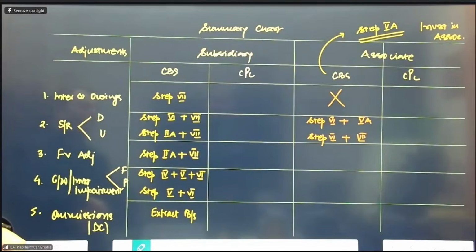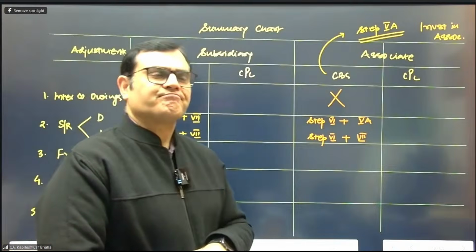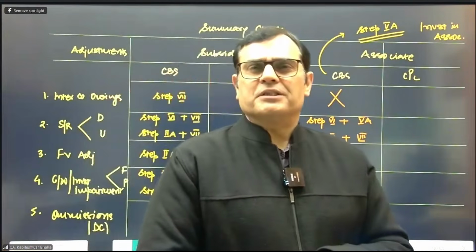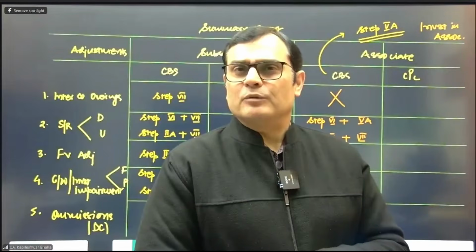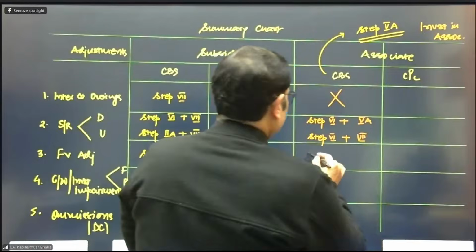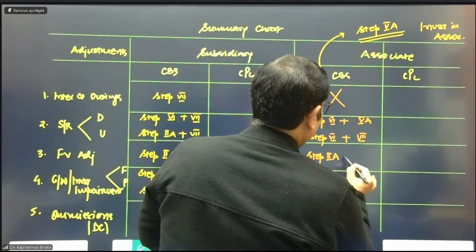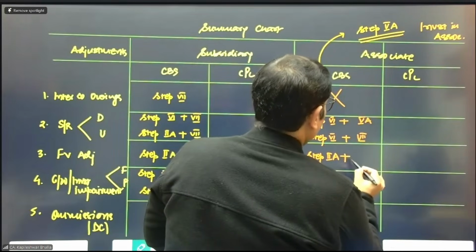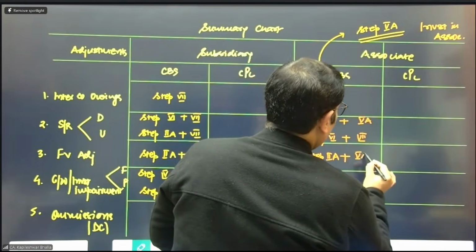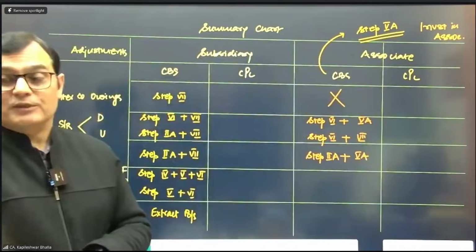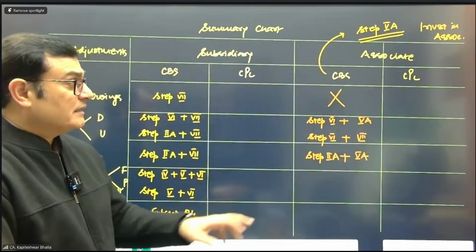Let's go to the fair value adjustments. In terms of the fair value adjustments, you're going to make the changes. You're going to make the analysis of other equity as well. So you could take this in step number 2A, and the additional depreciation in step number 5A. I know this might sound crazy at this stage.